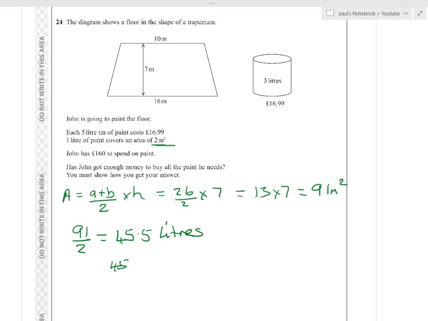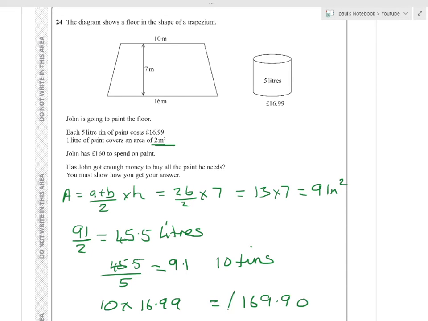So 45.5 divided by 5 equals 9.1. So you must have 10 tins. Now 10 times 1699 will equal 16990. See if I'm right on that one.